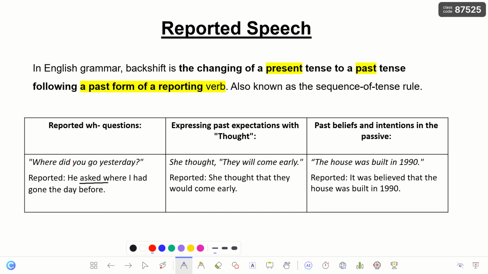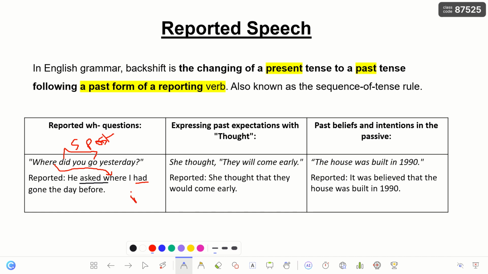Okay. Where I kept where the same, I need to keep the WH words. But look here, did go, it makes simple past. But when I change it to reported speech, I backshift the tense from simple past to what?